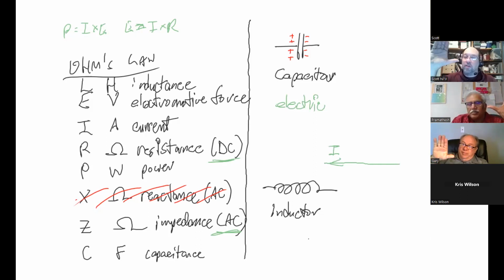Now take your fingers and roll them forward. If you have current moving this way, it generates a magnetic field in a loop around the wire, around the current. It can be in space, it can be through a wire. Basically, if you have a current flowing this way, you have a magnetic field flowing around it.